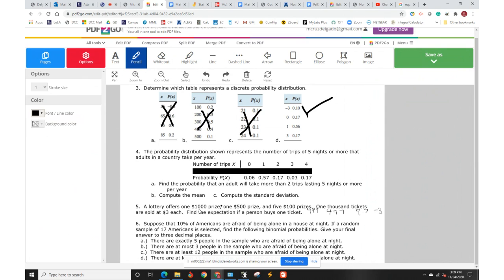So this is 1/1000, 1/1000th, 5/1000ths, and then this is 993.